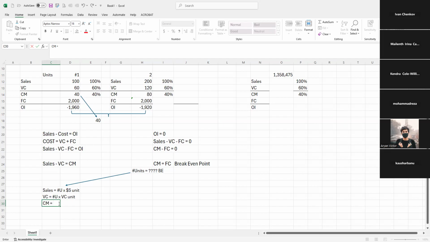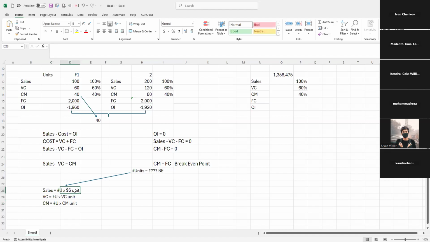How can I get the contribution margin? No, that should be the same, right? Because number of units is the number of units. What will be the next thing that I need? That will be the contribution margin per unit.